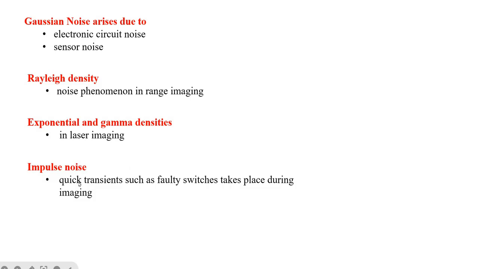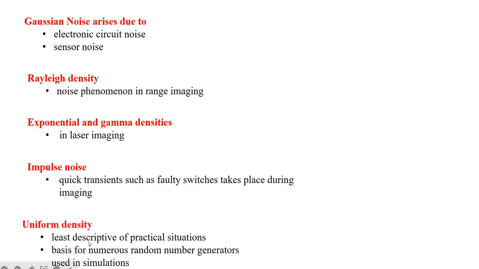Impulse noise is found in situations where quick transients such as faulty switches take place during imaging. And uniform density is the least descriptive of practical situations, but it is useful as a basis for numerous random number generators used in simulations.